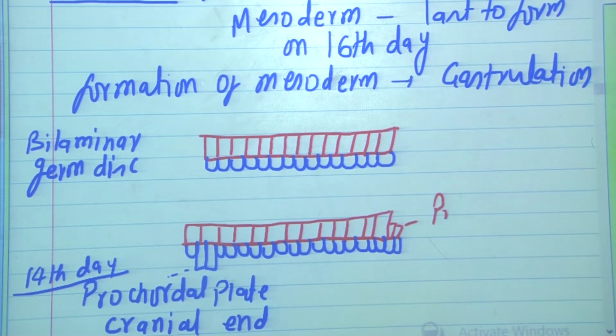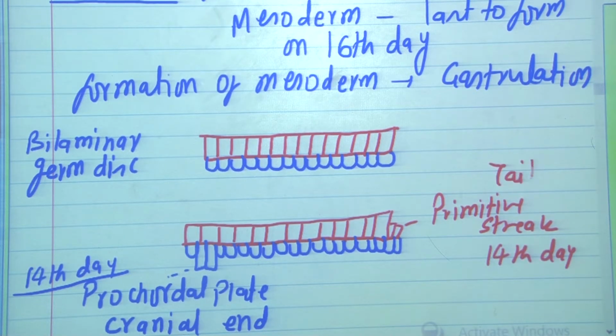When does it appear? On the 14th day after fertilization. What does it form? It forms the tail end. Now it has been decided which are the cranial end and the tail end of the developing embryo.